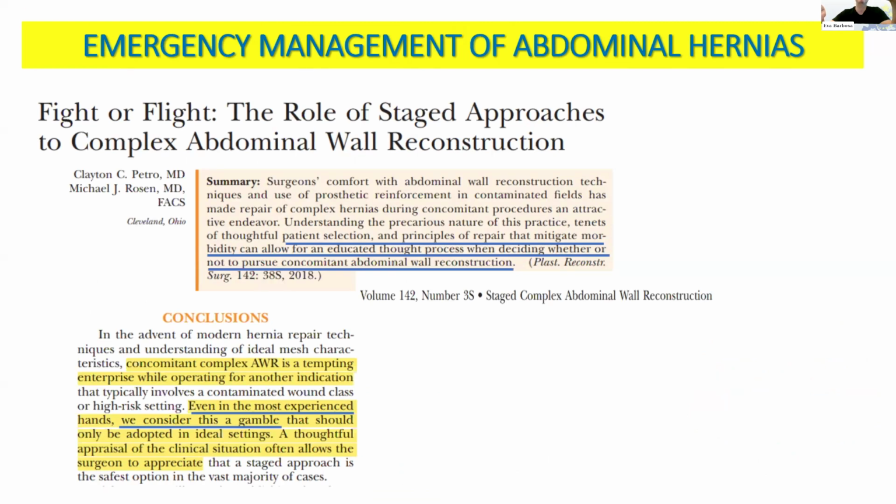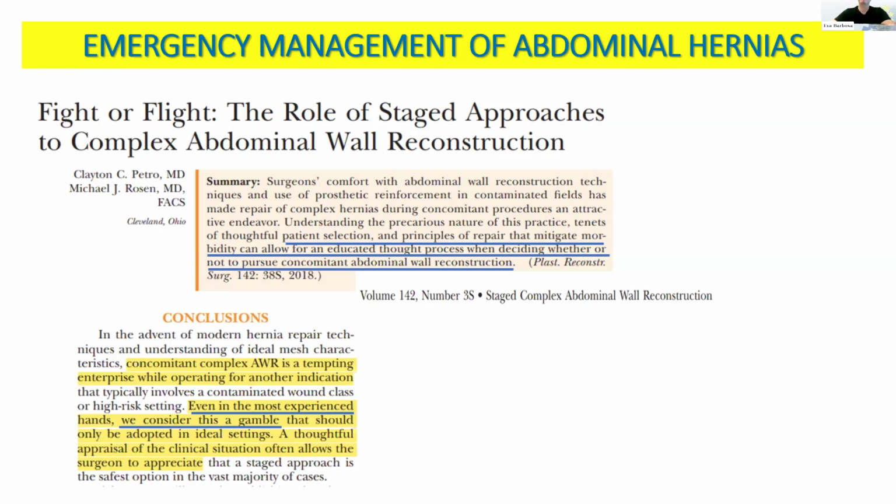If you can take care of the bowel, for example, some colleagues have spoken about small orifices, 2-3 centimeters, which have a higher incarceration rate, where they just open up the fascia a bit and release the content. And if everything is okay, they leave the patient with a bigger abdominal hernia, and you can defer that patient in the same surgery, in the same admission.